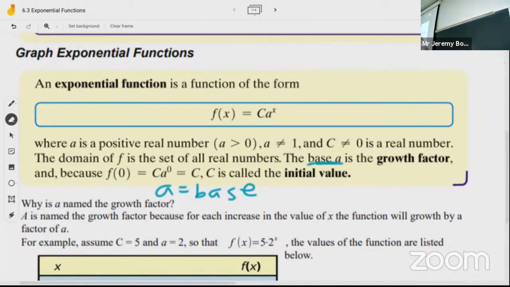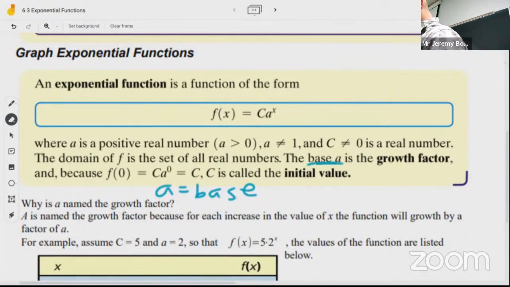Because if your base is 2, it's going to start out at 2 to the 0, which is 1, then 2 to the 1, which is 2, then it's going to go to 4, 8, 16, 32. So that's not growing too fast. But look at what we did with the 3. If we looked at positive 3, it would be 1, 3, 9, 27, 81, and then what is it after that?